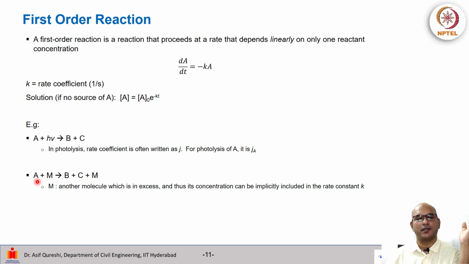It is so much that there is no need to check, it is always too much. So, how fast the reaction can happen only depends on how much concentration of A we have. So, in this case we have A plus M, and M can be like a regular air molecule, gives B plus C plus M.